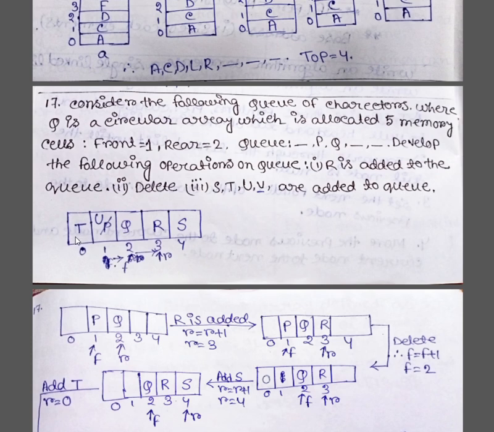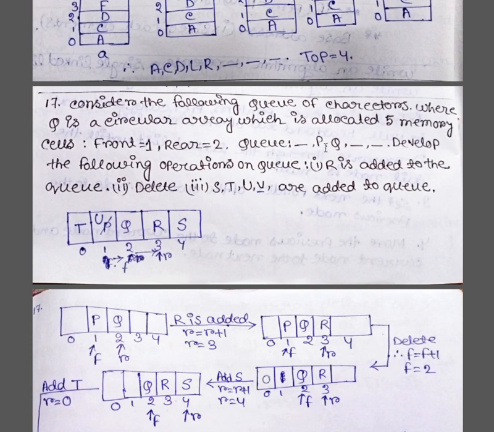These two point at the first position, that is, the zeroth index. So front is equal to 1 and rear is equal to 2. That means 0, 1, 2. Here the front is present, and here the rear pointer is present.